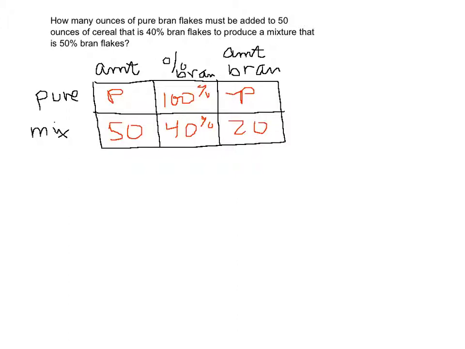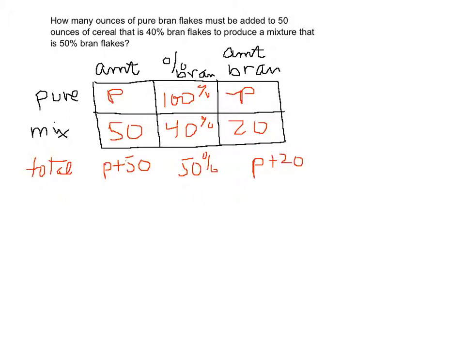So let's see now, what is our equation going to be? We want the total, let's take care of that. The total is P plus 50, and the total is going to be 50% bran, and the total amount of bran that we get is P plus 20.